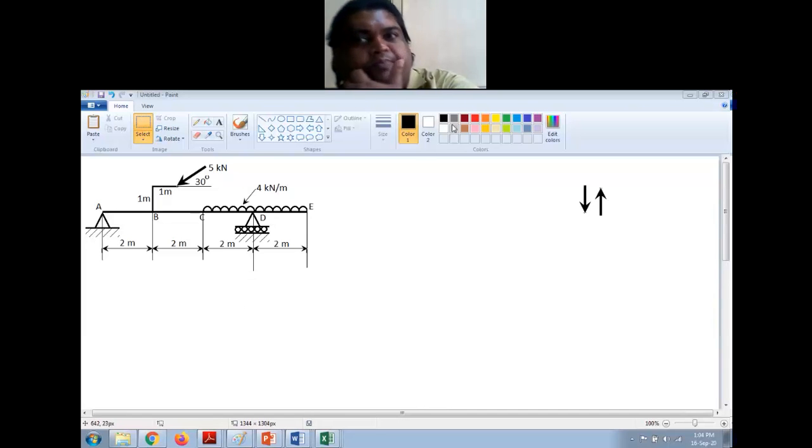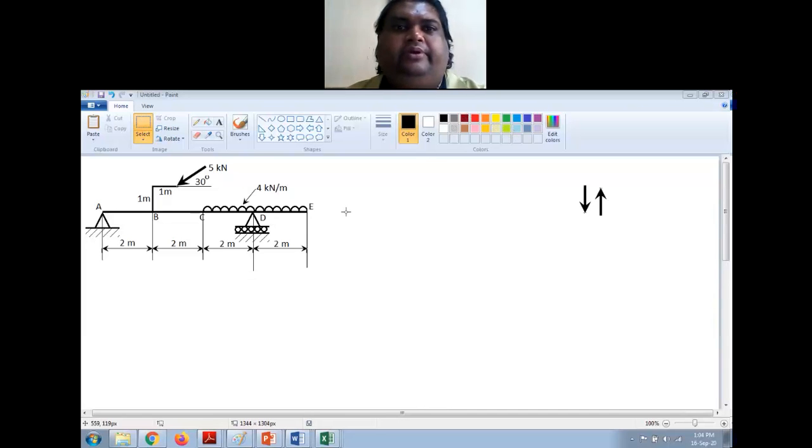Okay, this is a numerical where we have to draw the BMD and SFD for the beam shown in this particular figure. The main difference from what we saw in the previous numerical is that we have an inclined force here on a crank, right?